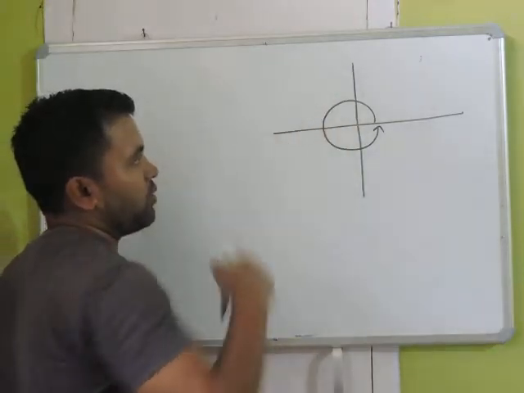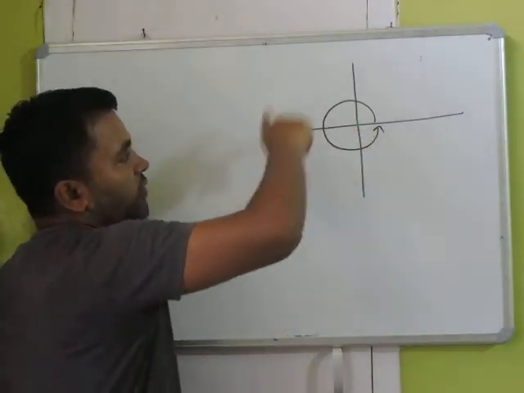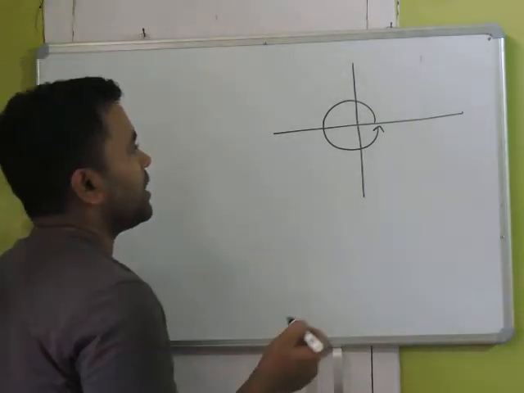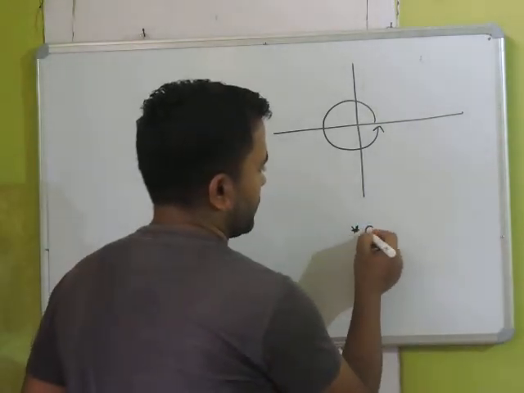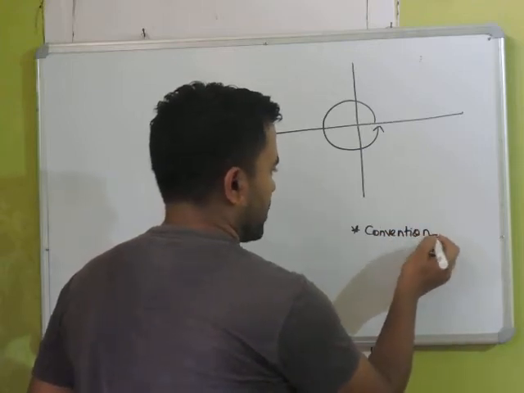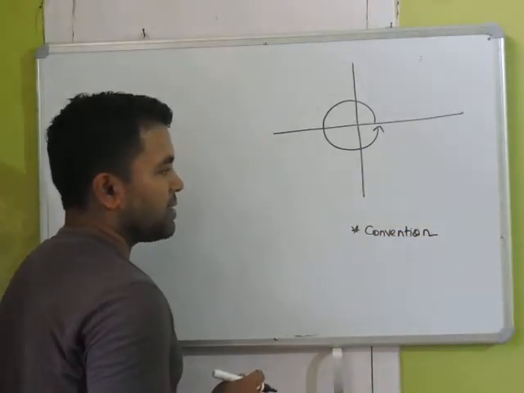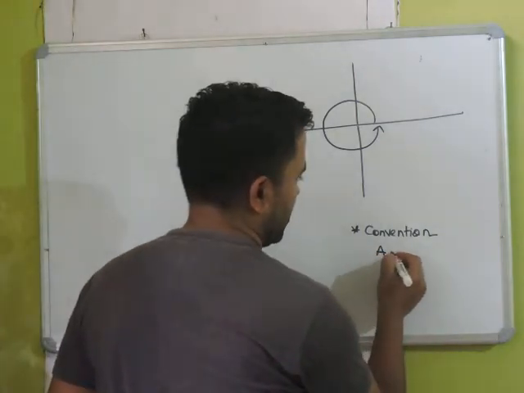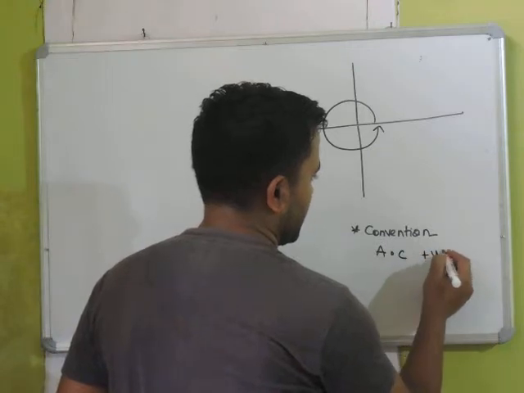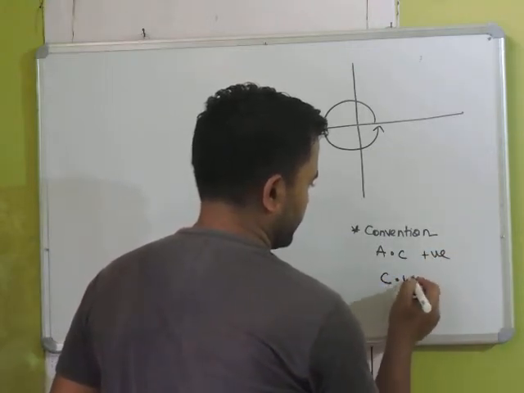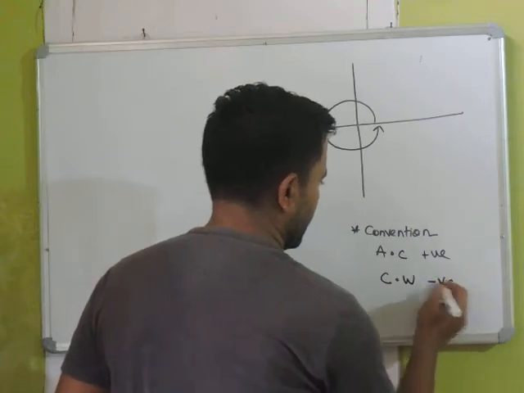This is anti-clockwise. If you go the other way, then the angle is negative. So the convention, in physics I'm talking about, is that anti-clockwise angle is positive, and clockwise is negative. This is the convention.